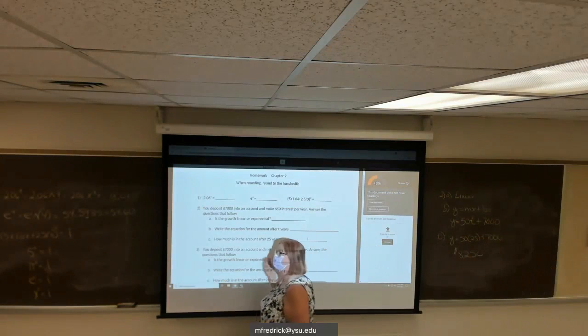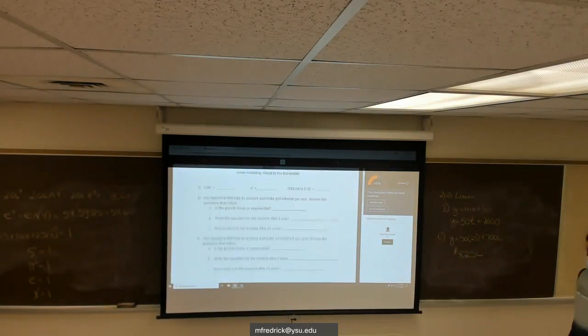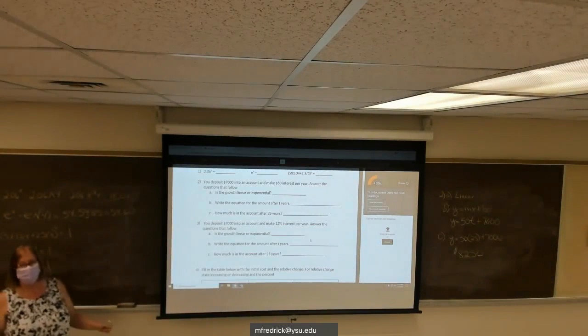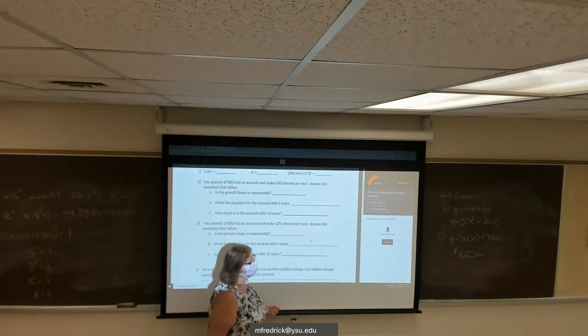Oh, that was linear. The next one's exponential. The reason it's exponential is because it's growing by a percent. So on a test, you would need to be able to explain the difference between linear and exponential. Linear grows by the same amount every time or decreases.